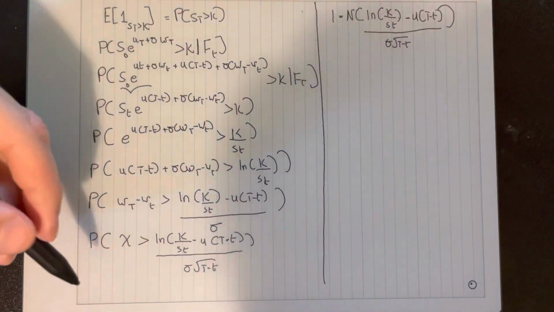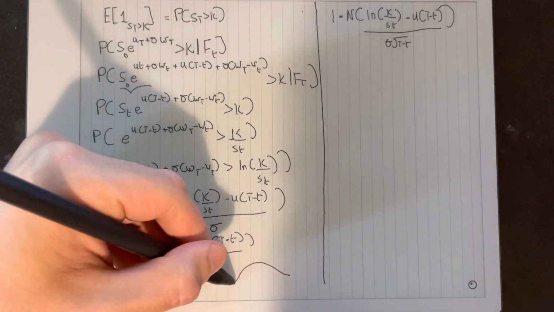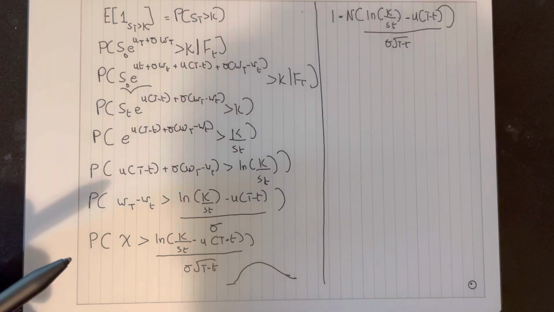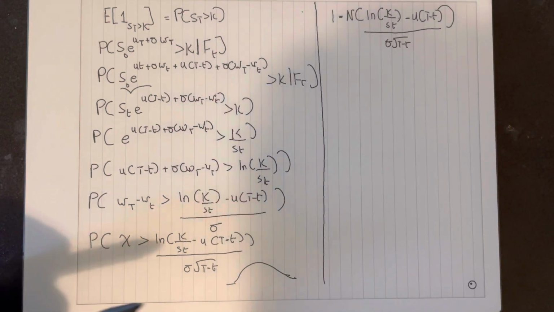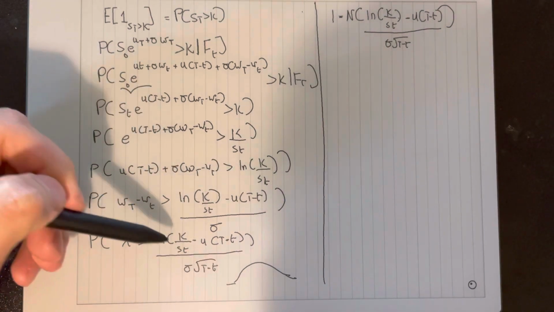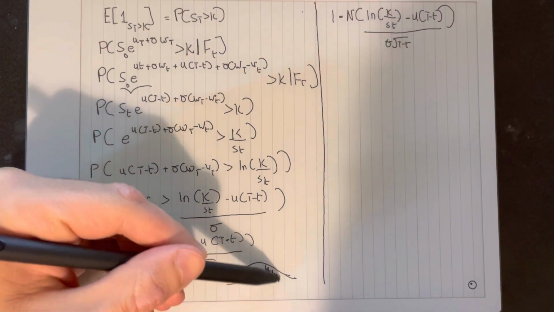And all that we're saying over here, imagine this is a normal distribution. Sorry for the lack of symmetry in this picture. And we're saying basically, what is the probability that x is less than this value over here? So we're looking at all of this side.